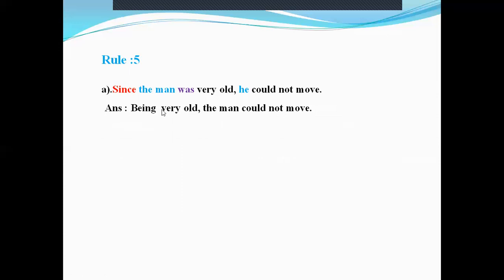So it will be being very old, write the man instead of he. So it will be being very old, the man could not move. Number B, since he was small, he could not walk. Here there is since and the subjects are the same, and there is a be verb. So the answer will be being small, he could not walk.